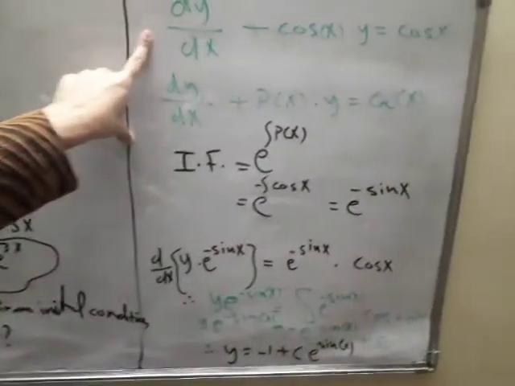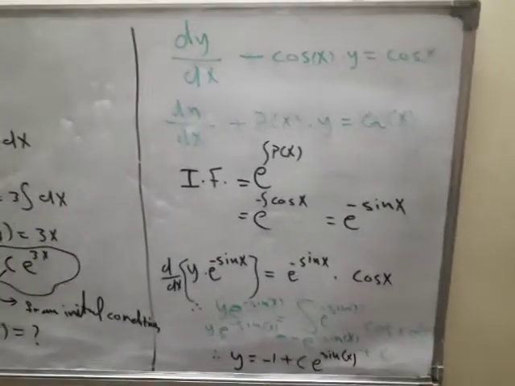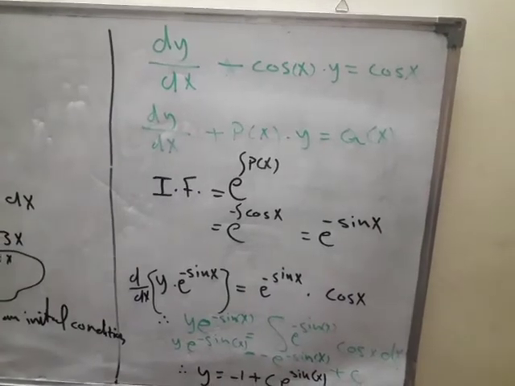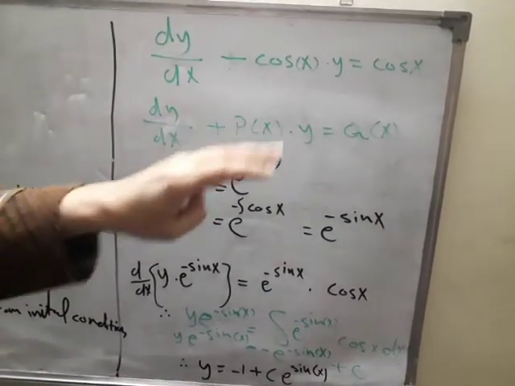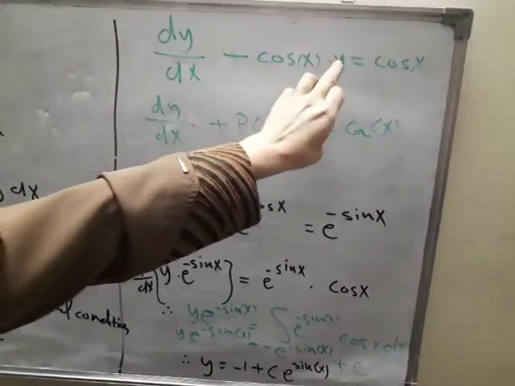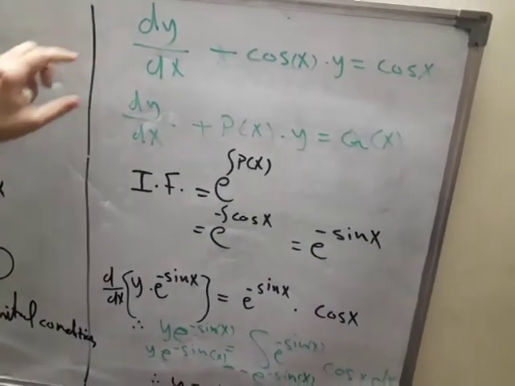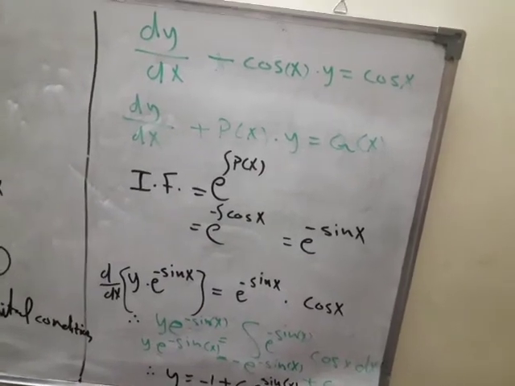The second example, as we said previously, is more complex with respect to the first one. There is a cosine function, there is a differential, and there is a y variable multiplied by a function.